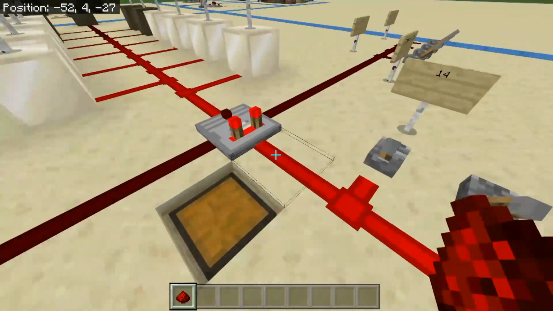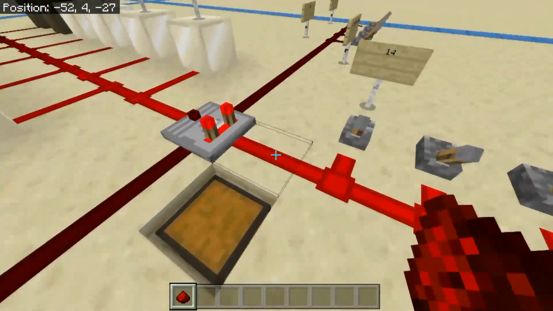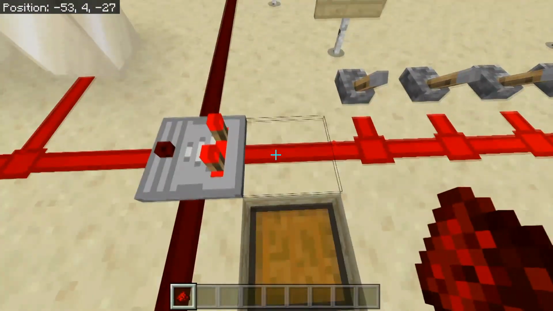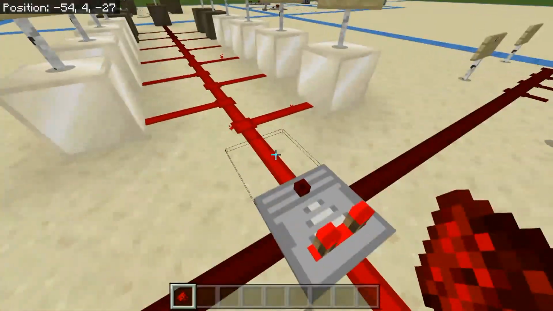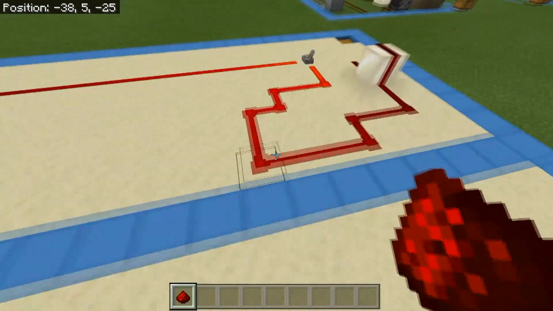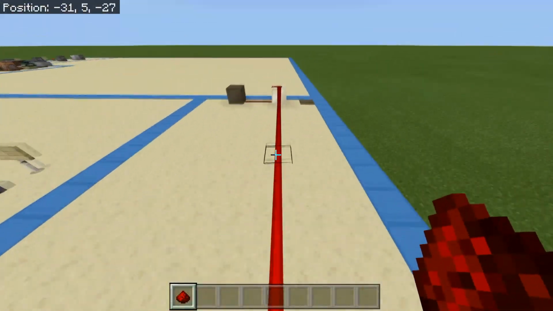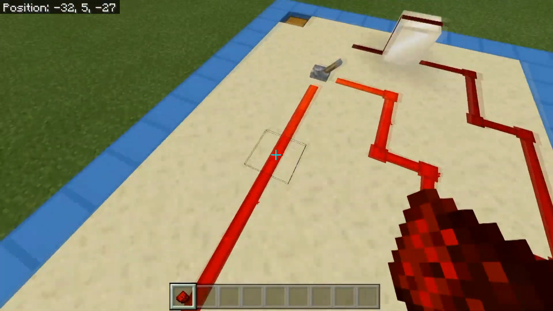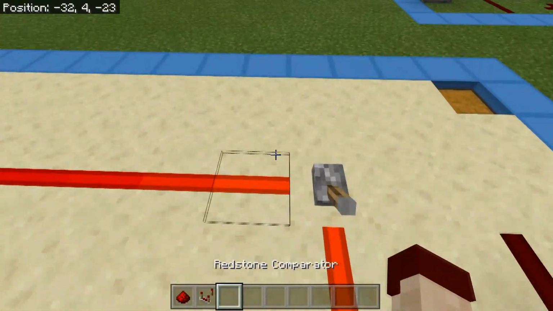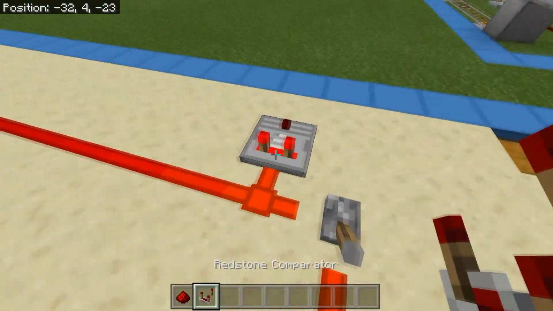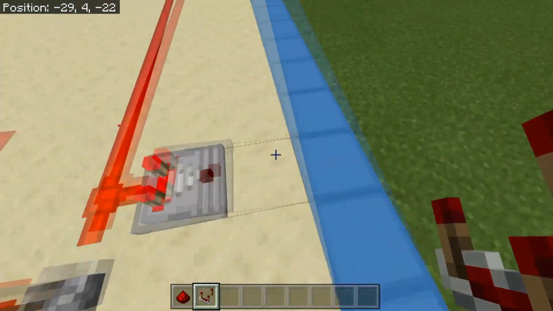So whatever level this right here, this one right before the comparator is at, whatever signal strength it's at, is what the comparator is going to put out. So if we come back over to here and we look at our straight line, and if I were to put a comparator, this is 15. So if I put a comparator right here, this comparator is going to output 15.